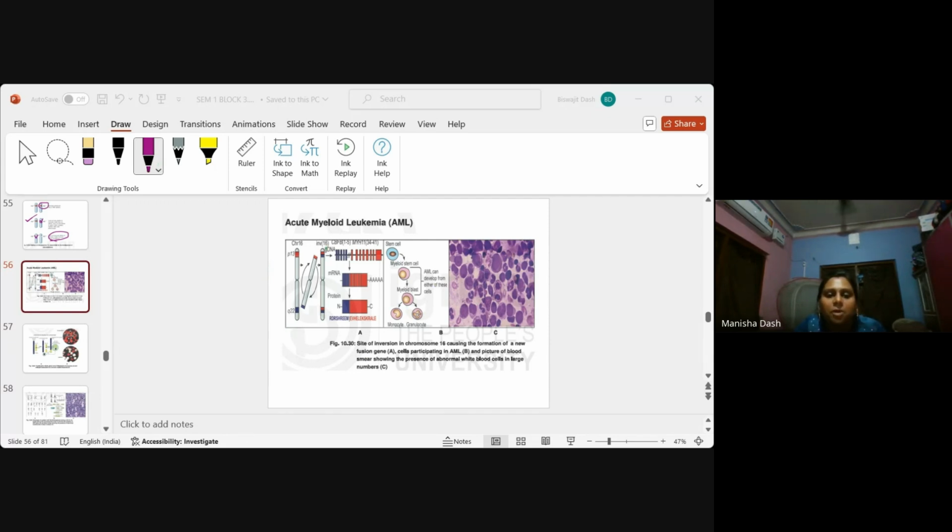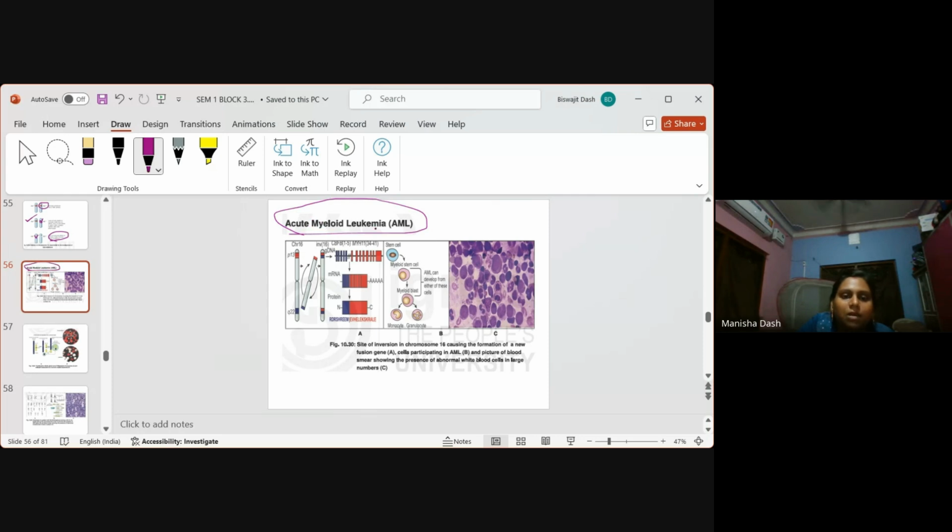So some other problems, like I discussed yesterday, is how certain chromosomal alterations or aberrations, like inversion or translocation, might lead to cancer. One such example is acute myeloid leukemia.